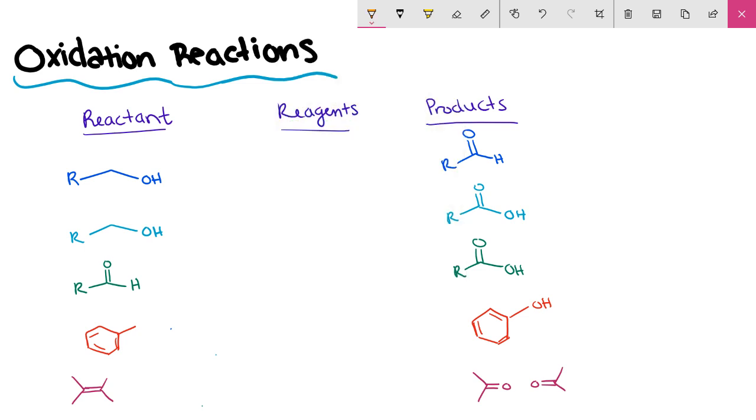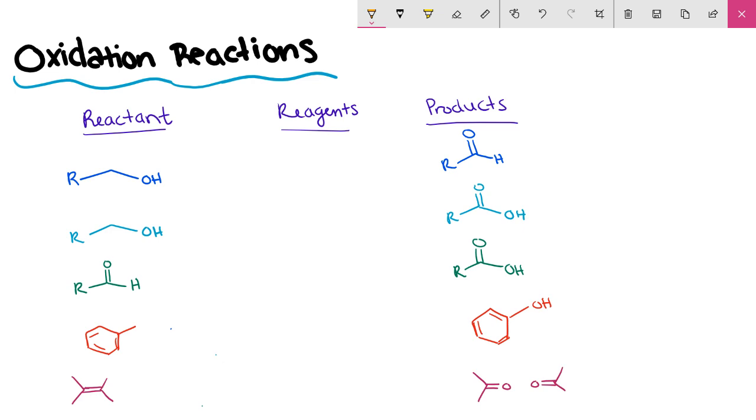Okay, so here I've got a little table set up with our reactants, our reagents, and our products. So basically, if we're given a reactant and if we're given a product, we want to be able to find out what reagents can allow us to form the product that we desire. So to do this, we would start with our reactant. So here we've got a primary alcohol, and we want to get it to an aldehyde.